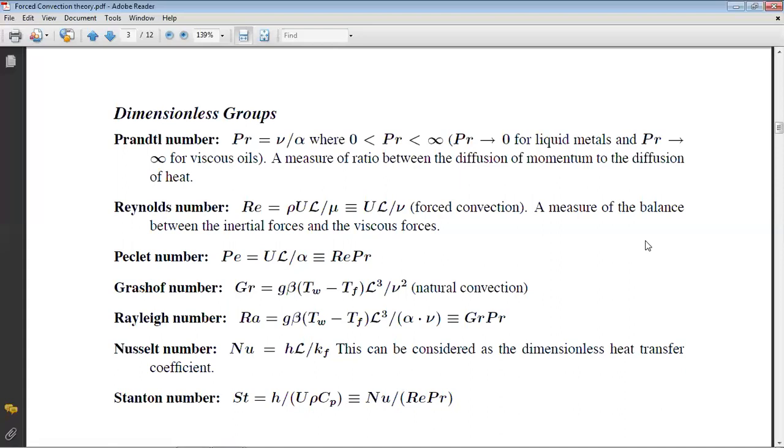Momentum diffusion is also called viscosity diffusion to the thermal diffusion. Prandtl number can be less than 1 or it can be greater than 1. It varies between 0 to infinity.